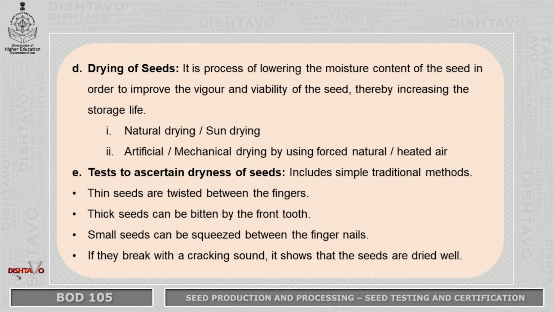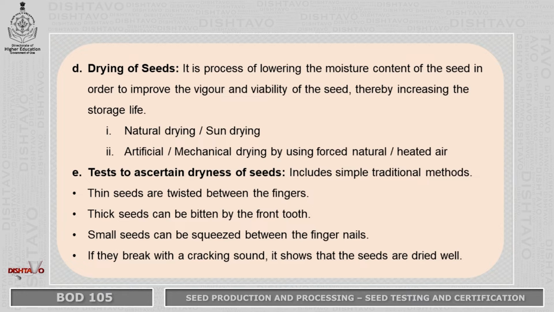Next is dryness of the seeds, or you can say drying of the seed. It's a process of lowering the moisture content of the seed in order to improve the vigor and viability of the seeds, thereby increasing the storage life. Here it is of two types. One is natural drying or sun drying.